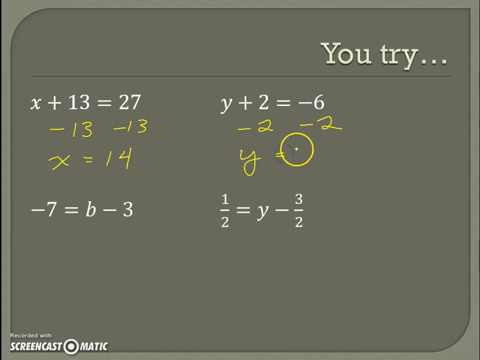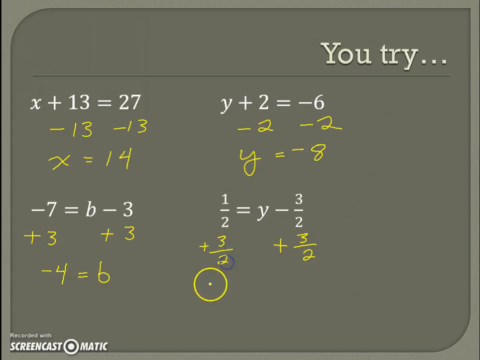So that leaves me with y equals -8. This one I add a 3 to undo this. And that is -4. And this one right here, I'm going to add 3/2. And that equals 2. All right, so hopefully you got those right.